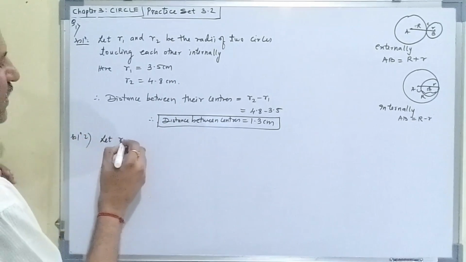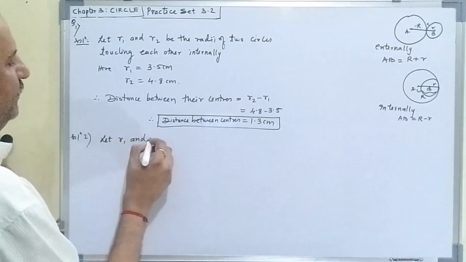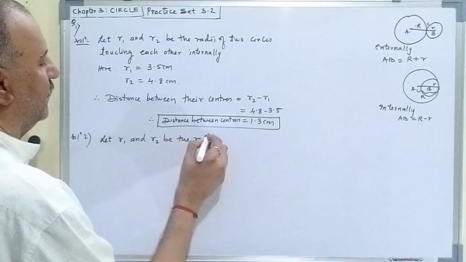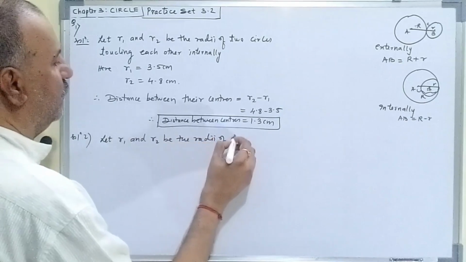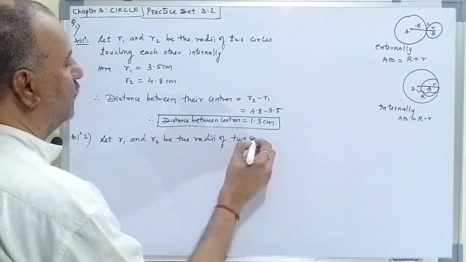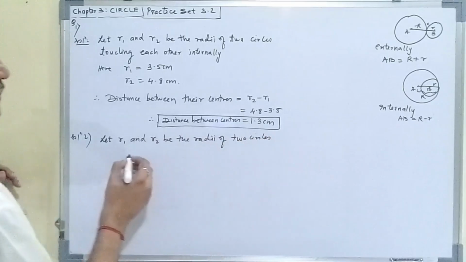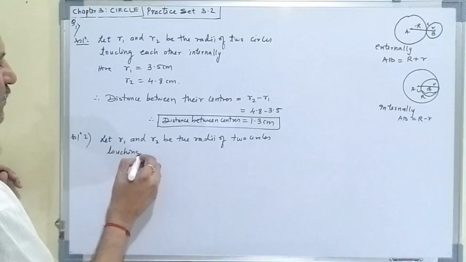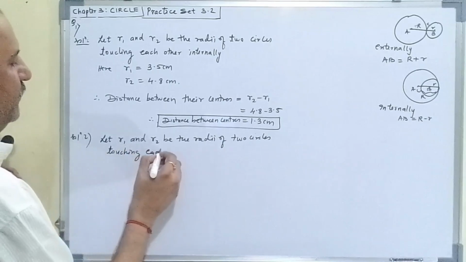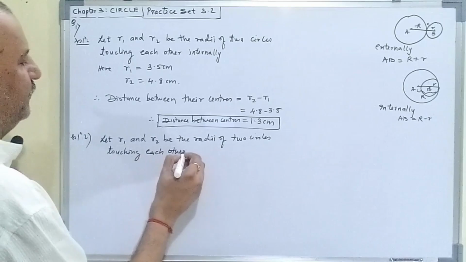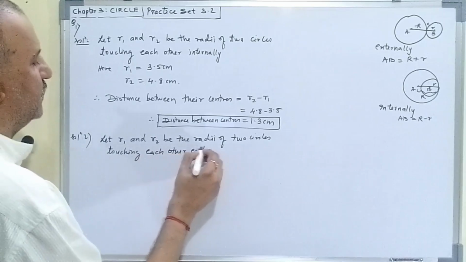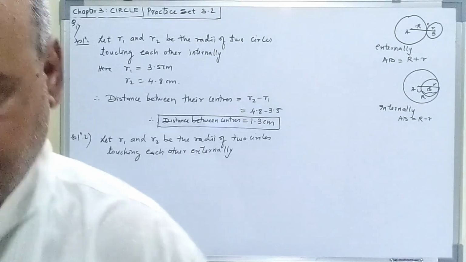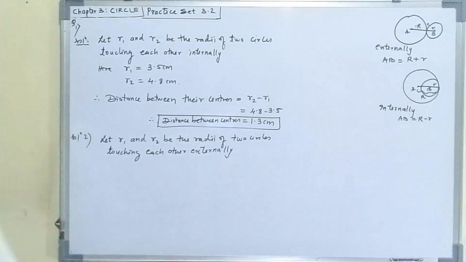Same way, let R1 and R2 be the radii of two circles touching each other externally. मेरे ख्याल से एक्स्टर्नली ही दिया है ना. Touch each other externally, yes.